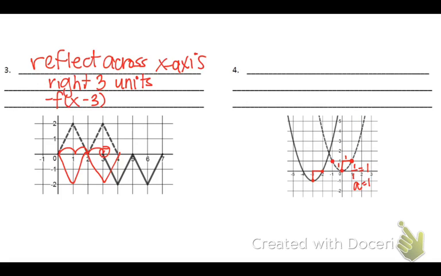So let's come back to this one. So there's no a value. Do I move left or right at all? And do I move up or down at all? Okay, so I'm going to go down 1 unit, and then what else? Down 1 unit and left 3 units. Do we agree with that? Yes or no? Yeah.